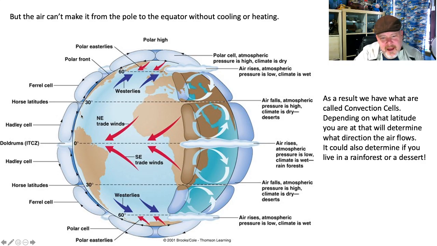When it comes down, it has to spread out, and it makes its trip back here, or it might go north. Up here at the poles, you have high pressure, the air is cold, so it's going down, but as it moves across the surface of the Earth, it's touching the surface of the Earth, so it starts to get hotter. When this air is starting to warm up, it runs up into this air, they converge. We get this convergence area, and it gets pushed up.